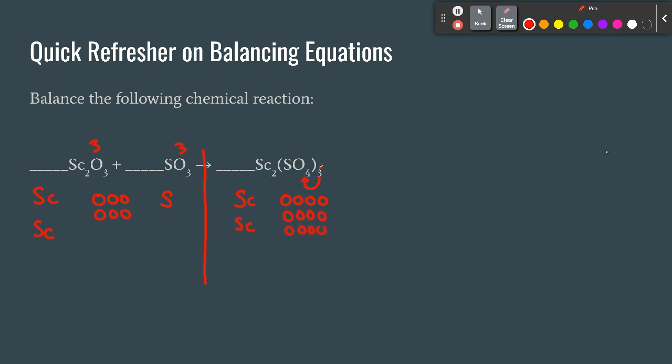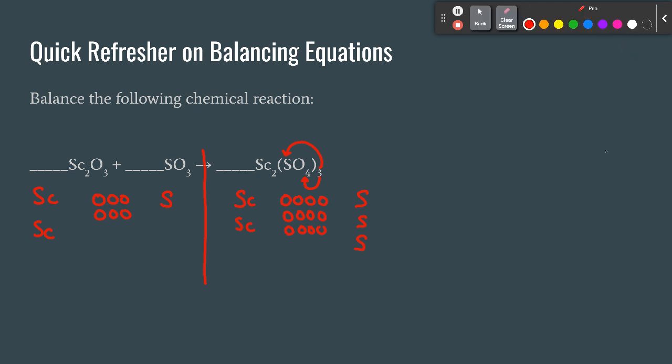This 3 also applies to my sulfur, which has 1 right now. So the product side indicates I have 3 total sulfur atoms. So I notice my oxygens and my sulfurs are not on the same page.